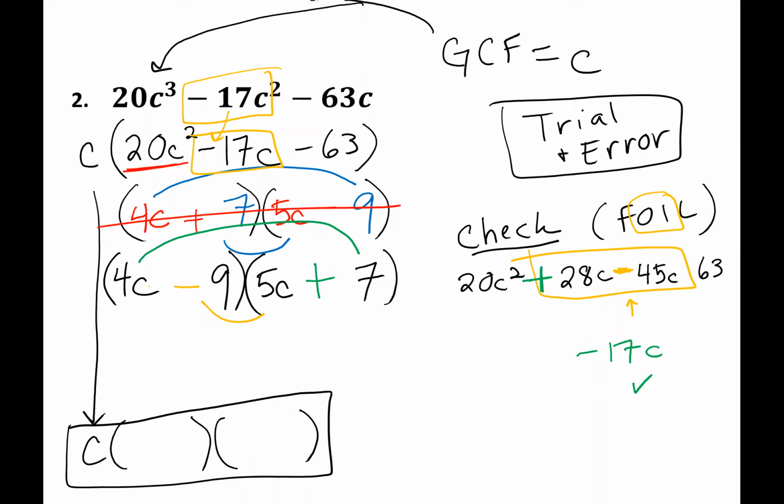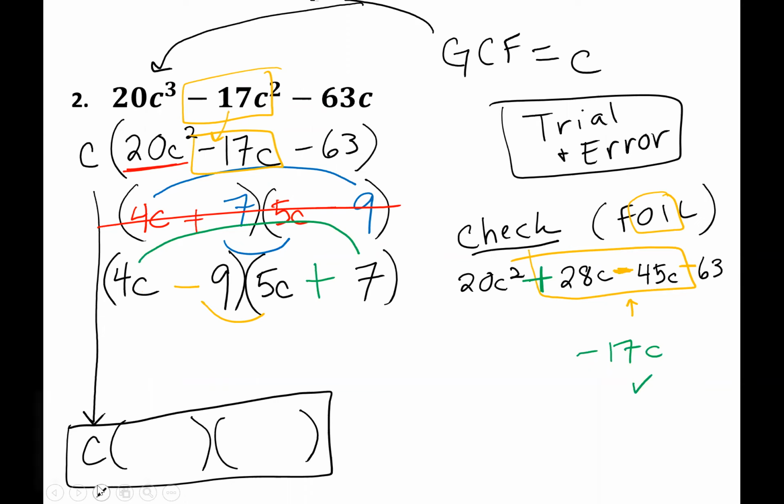Okay, so my answer here, 4c minus 9 times 5c plus 7. Here's my check over here, 20c squared plus 28c minus 45c, and then that's going to be minus 63, because negative 9 times 7 is negative 63. Okay, and those middle terms add up to negative 17c.